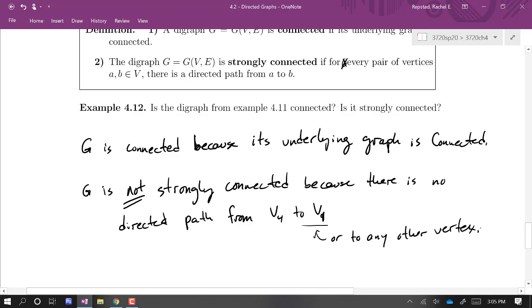But as long as you can find two vertices and say it can't get from here to here with a directed path, then your graph is not strongly connected.